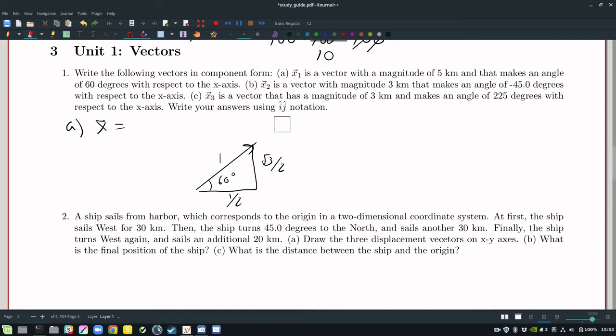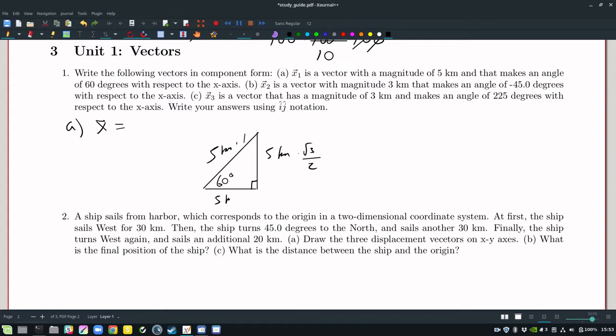And so it will scale. So instead of that triangle, we'll have a triangle that looks like this. Here's 60 degrees, right angle. It's 5 kilometers times 1, and then 5 kilometers times square root of 3 over 2. And then 5 kilometers times 1/2.